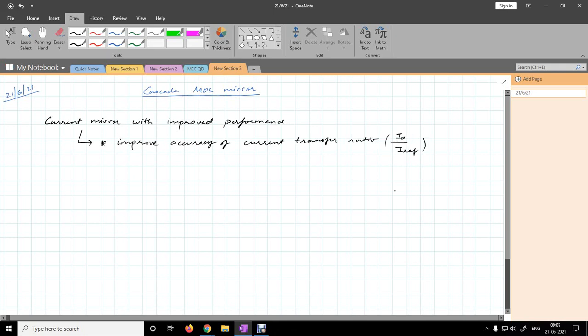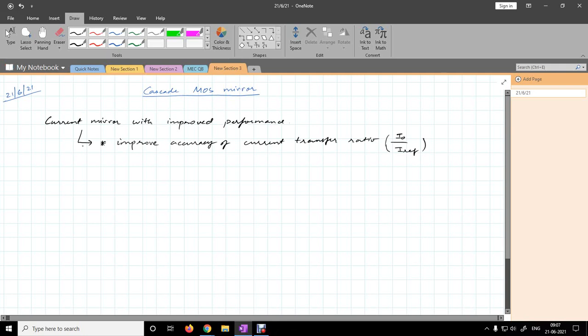If you look at current mirrors in a MOSFET, the accuracy of your current transfer ratio is good, but when it comes to BJT, we see that there is a 2% error in this current transfer ratio. So how do you reduce that error?